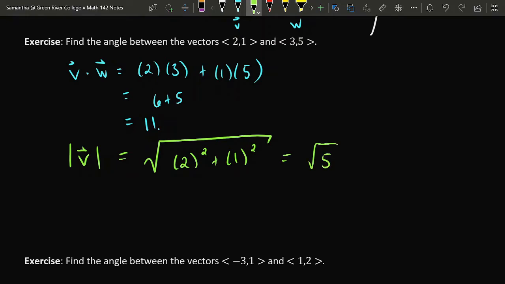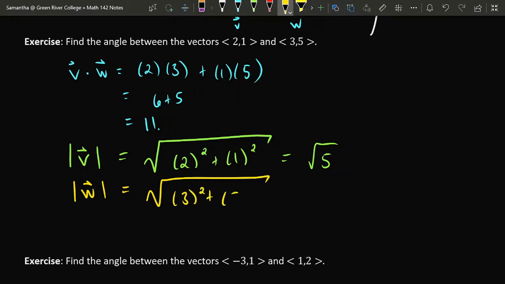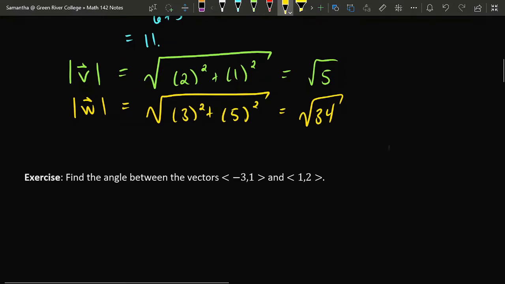So the magnitude of v must be equal to square root 5. We'll also need to find the magnitude of w, which similarly can be found by taking the square root of 3 squared plus 5 squared. So that's 9 plus 25 underneath the square root, so that's the square root of 34 in total.